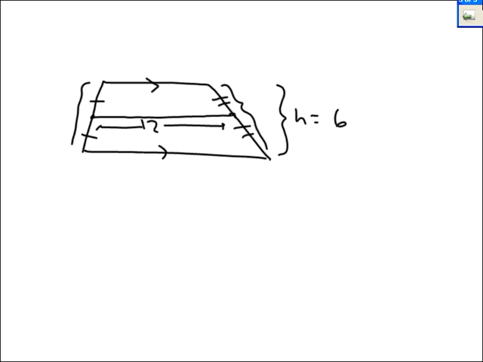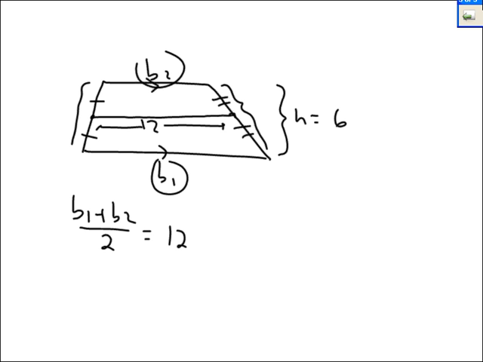That is the average of the two bases. This is base 2. Here's base 1. You want to reverse those numbers? You can call this one base 2 and this one base 1. That won't matter, but what is important is that the average is 12.